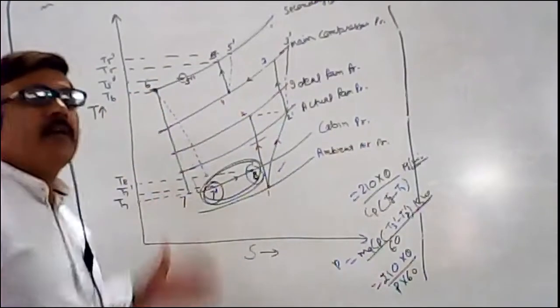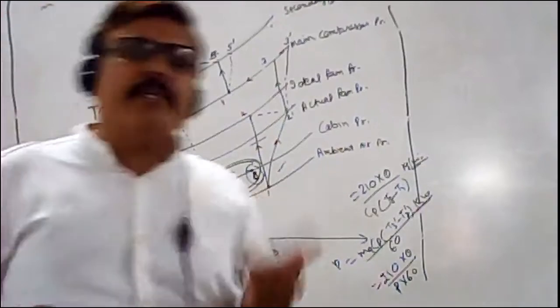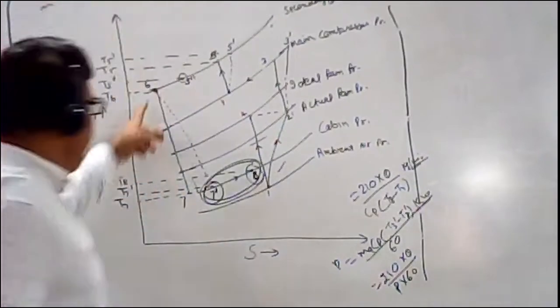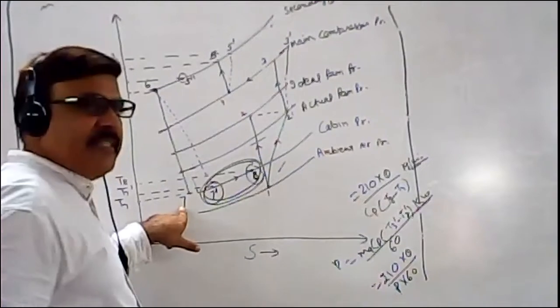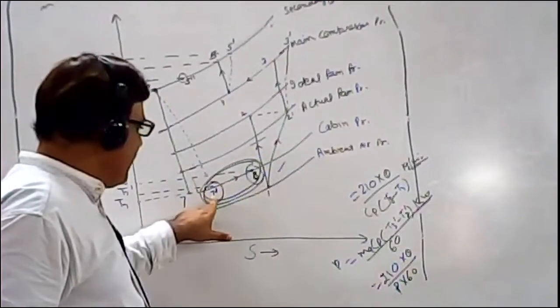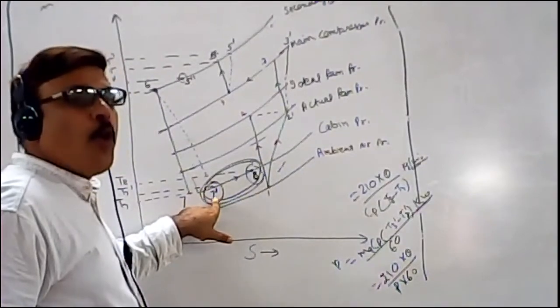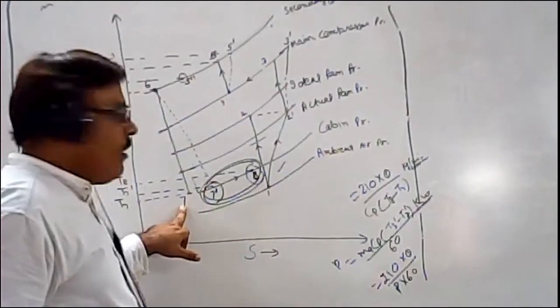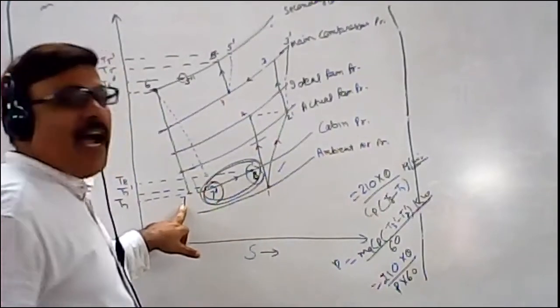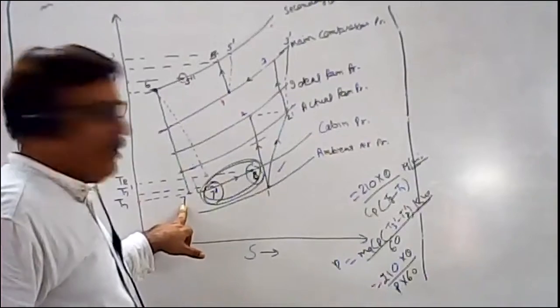But due to internal friction, its temperature does not go down up to T7. Its actual temperature at 7 is somewhat more than the ideal one.